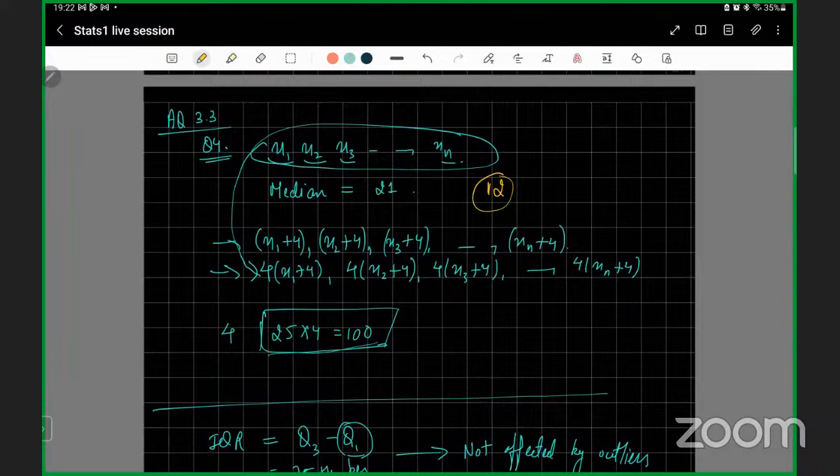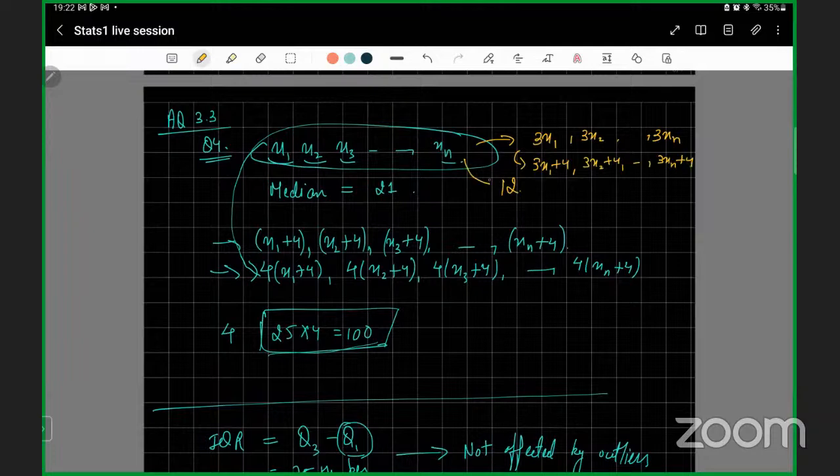Then you multiply this whole thing by 3: 3x1, 3x2, it goes till 3xn. Then you add 4 to everything. So it becomes 3x1 plus 4, 3x2 plus 4, up to 3xn plus 4.